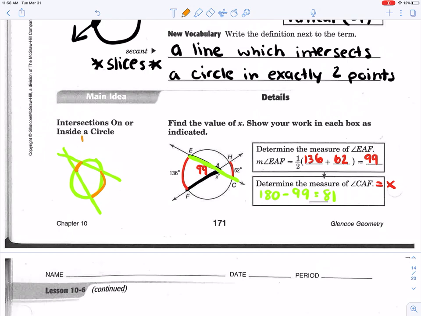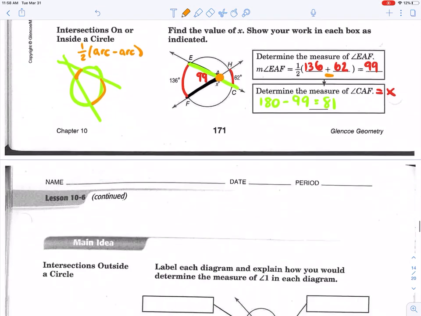So we would say 1/2 arc minus arc. But this time, when we're inside, we're going to add. So I think of this as you want to be inside the circle, you don't want to be outside the circle. Being outside the circle, like with friends or with anything, makes you feel bad, it's sad, it's subtraction. Being inside the circle in your group of friends is good, it's addition.